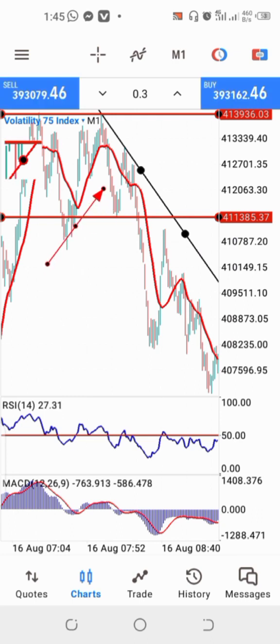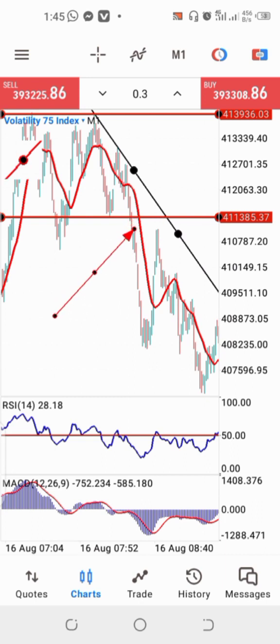So what we want is for the price to break this base, give us a second high, and mostly this second high does not touch the trend line. It gives us a second high, which is this high, and on most occasions it doesn't touch the trend line.